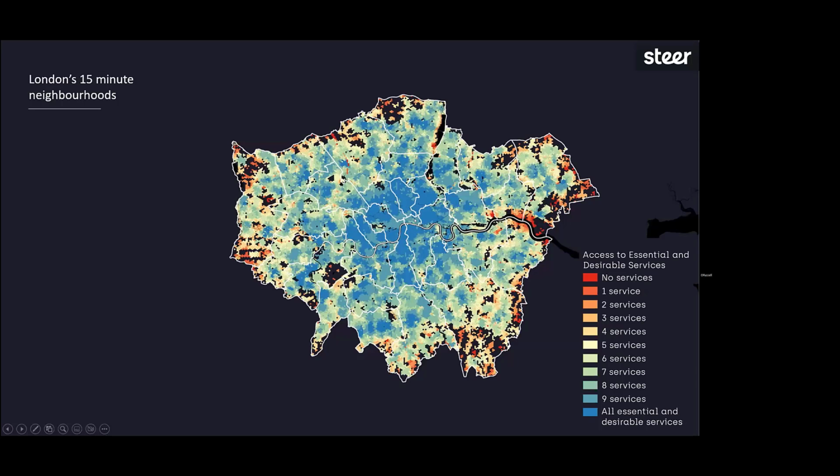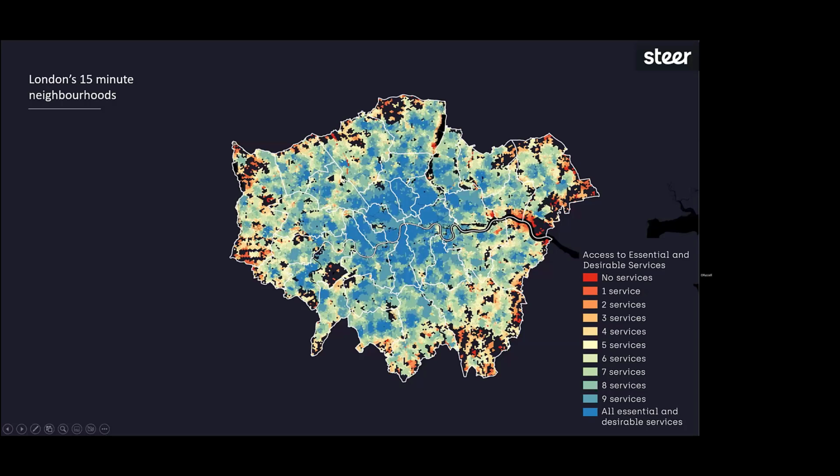Some of the services that it misses in the very centre are things like supermarkets or access to schools. But then when you think about it a little more, maybe that's not such an issue, because there are probably not many children of school age living in the very centre of London. We can also start to pick out some strategic centres, so we've got Croydon down here, and Richmond over here, and some other locations which are scoring quite well.